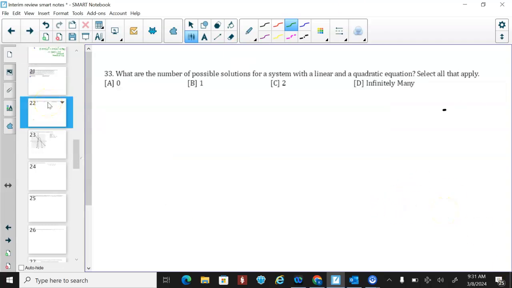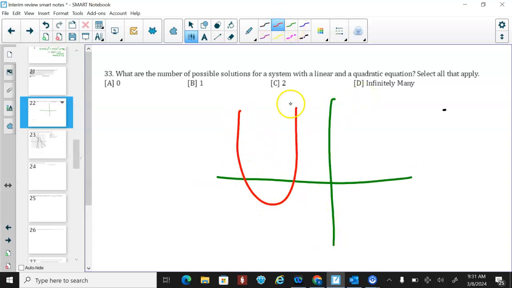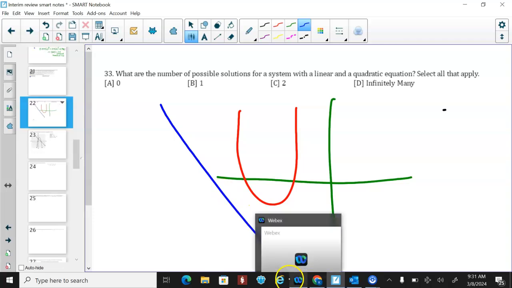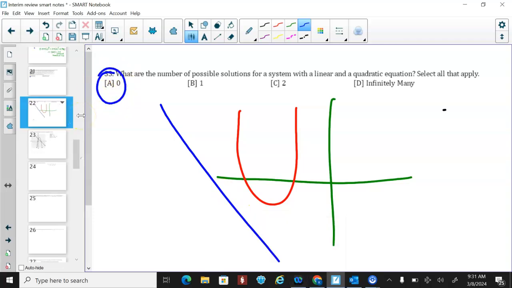All right, moving on to number 33. It says, what are the numbers of possible solutions for a system of linear and quadratic? So again, it is the quadratic, it's a parabola. You have 3 different options for the linear. It can just completely miss it, which is 0 solutions where they do not cross each other.